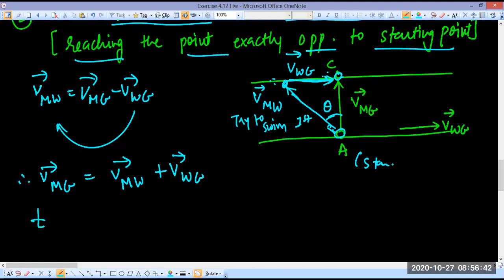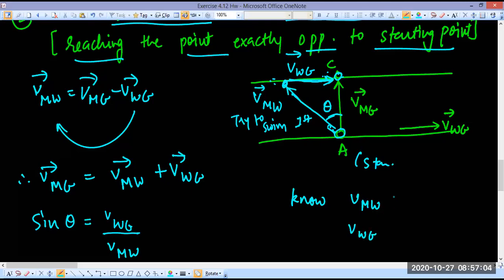Then we can find that angle easily using sin theta is equal to VWG upon VMW, because we would know VMW and we would know VWG, right? Generally we would know these two. So if we know these two, we should use sin theta, we should not use tan theta. I hope that makes sense, right?